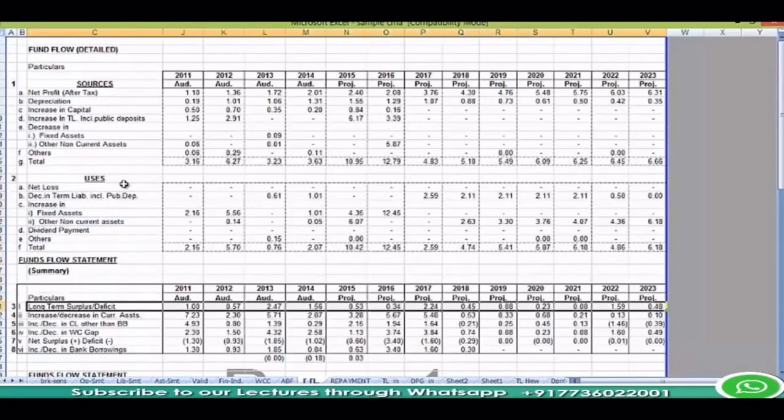So there were some long-term sources, there were some uses. After usage, there should be some surplus, or it can also be a deficit. If there is surplus, how the surplus was used for further activities, or if there is deficit, how the deficit was managed. That's what I explained in the subsequent lines. All this we'll understand in a separate session.